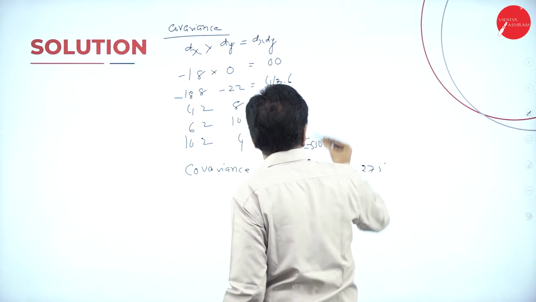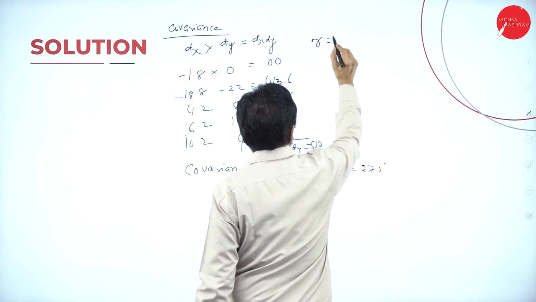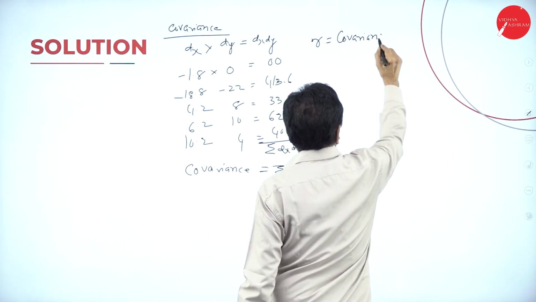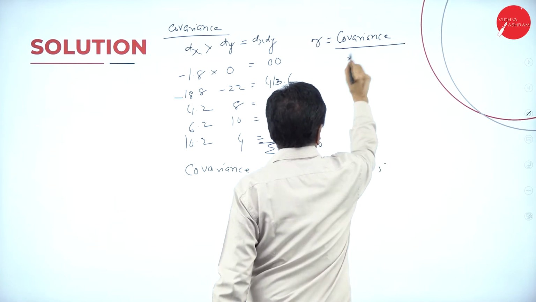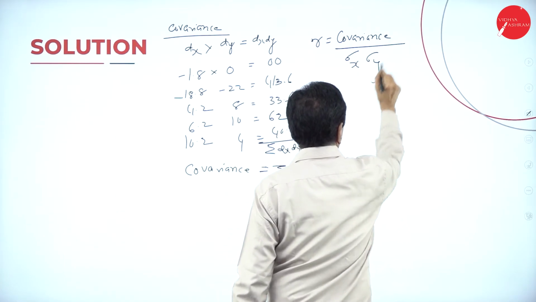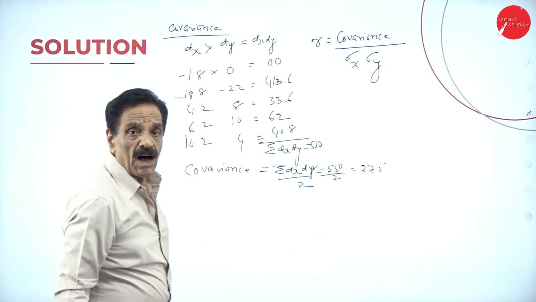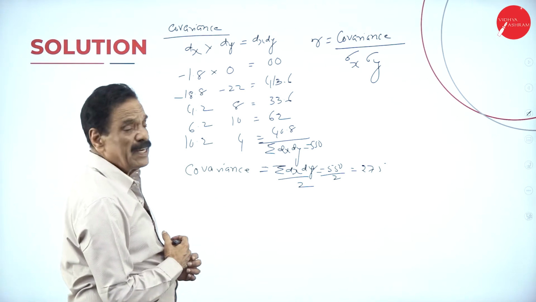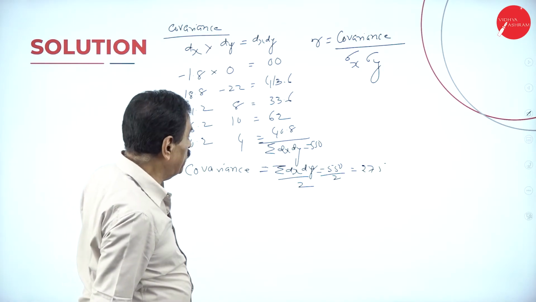Then R is equal to covariance divided by standard deviation x into standard deviation y.